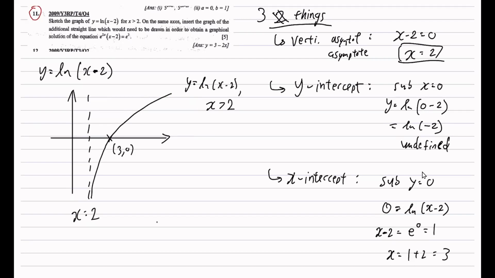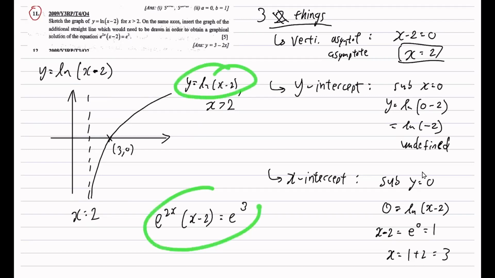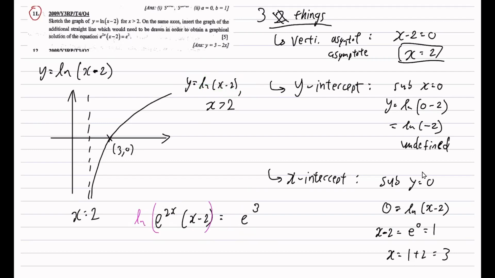So now you want to draw an additional graph so that you can solve this equation. What's the pattern? You want ln(x minus 2). So ln both sides. Yeah, exactly. So ln on the left, ln on the right. Then you end up with a sum.